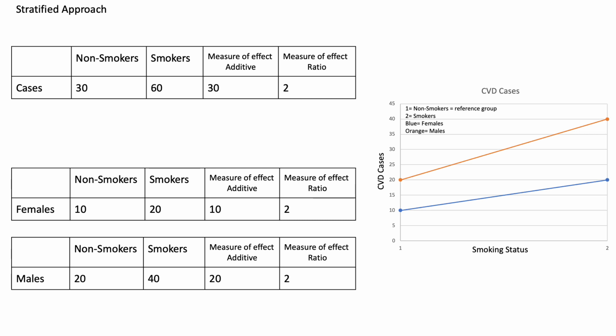And same is the orange line for males, and we can see that there are differences, or the effect is being modified. The males are higher than the females. So here we would say that there is interaction or effect modification only on additive scale but not on the multiplicative scale, because the ratios are still the same.